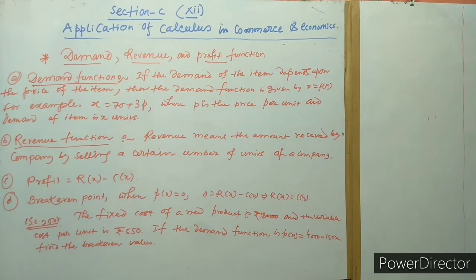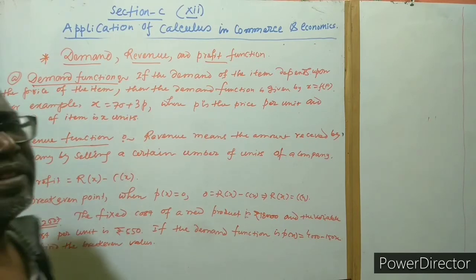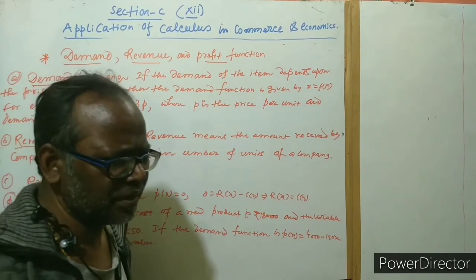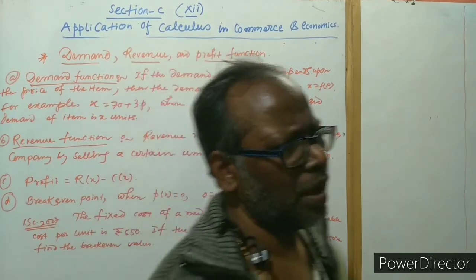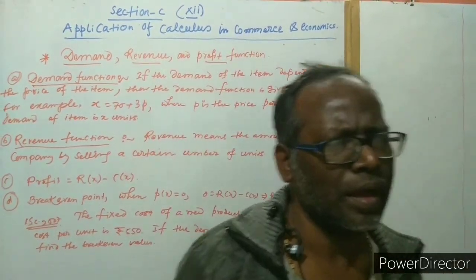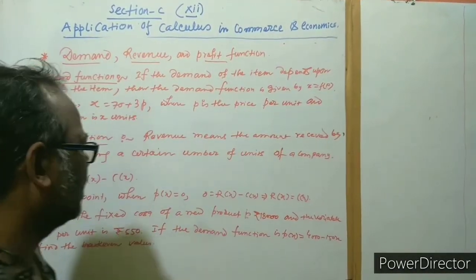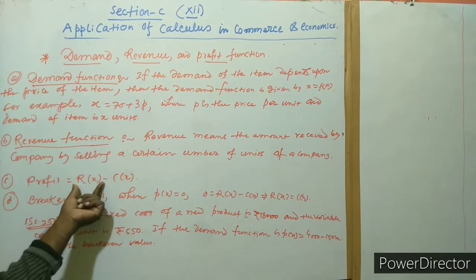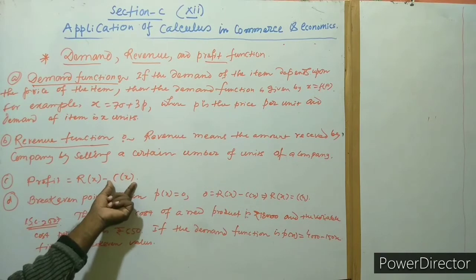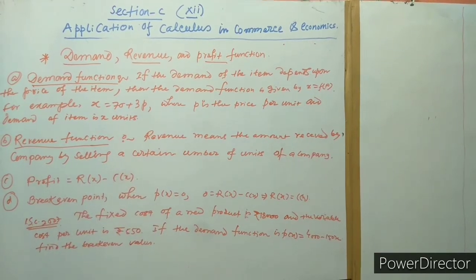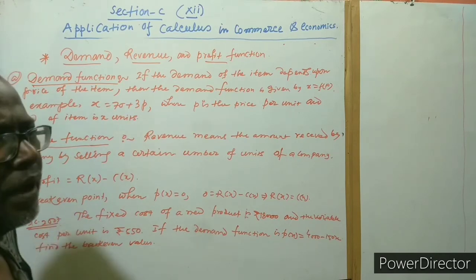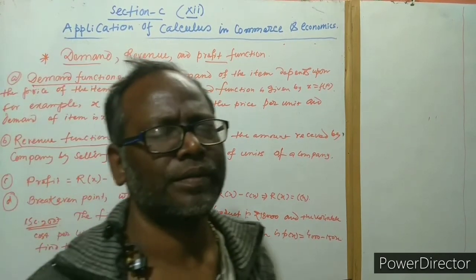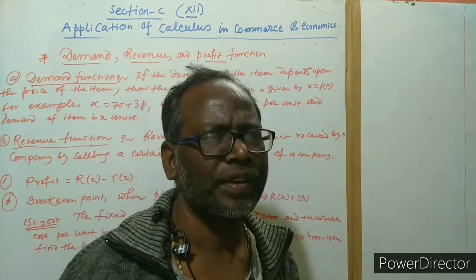So it is a selling price, which has a cost price and also a profit amount. Profit is the revenue, meaning selling price, minus cost price, and the gap is called the profit. But in case of the break-even point, the company does not want to find a profit.